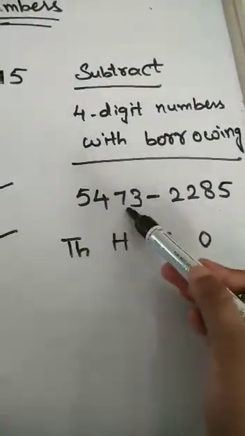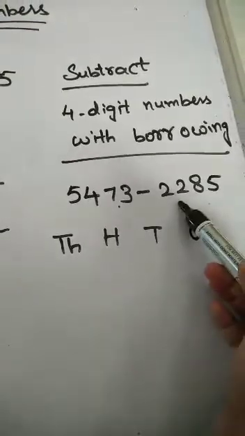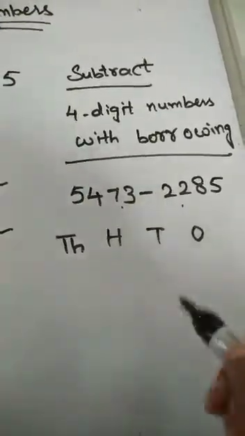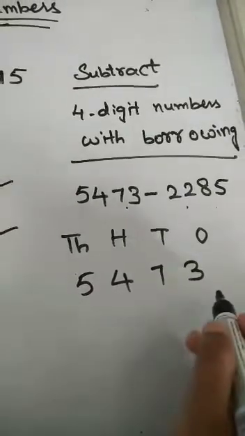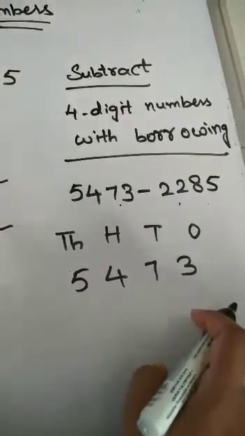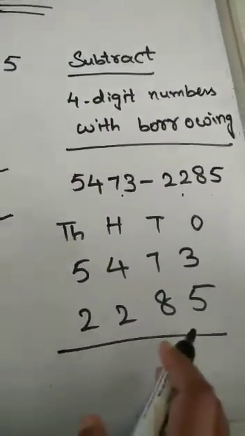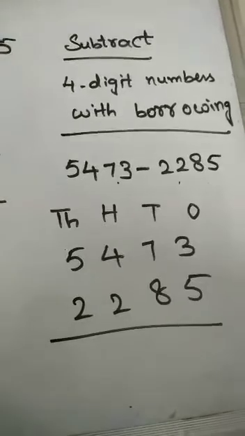As this number is bigger, I write it on top, and this number is smaller, so I write it at the bottom. So 5473 on top, and 2285 at the bottom, as it is the smaller number.